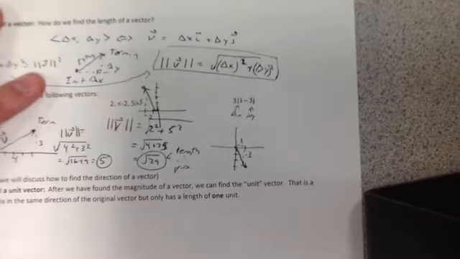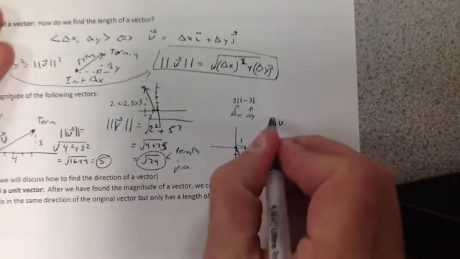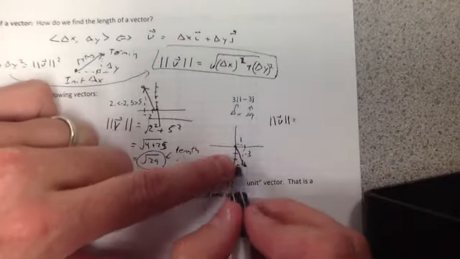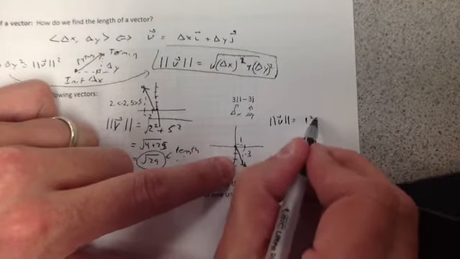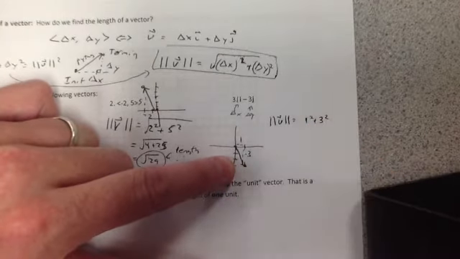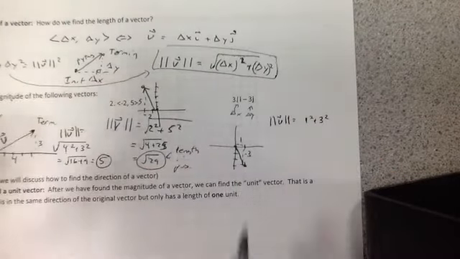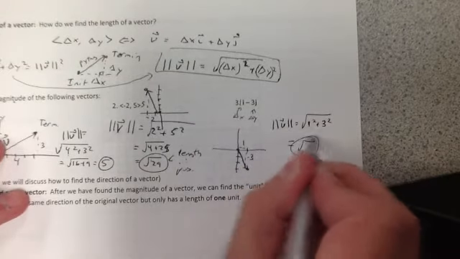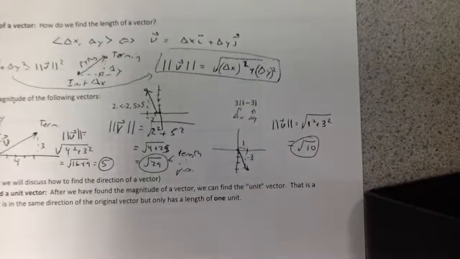How do I find its magnitude? Very simple. It's going to be the Pythagorean Theorem: 1 squared plus 3 squared. Even though it's negative, it's still going to be positive because I'm squaring it. But then we have to take the square root. So we get the square root of 10. That's how long that vector is. How long is the vector? Root 10. Very easy to do.